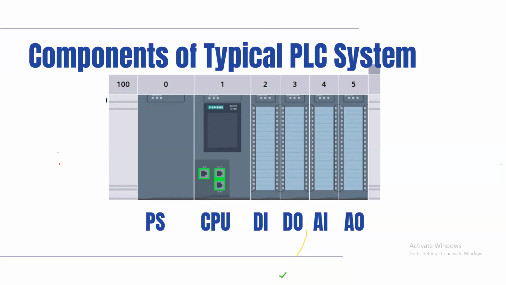So the PLC needs cards that it uses to receive signals from the field and to send signals back to the field. These are the typical components that you find. There are also communication modules, motion control modules, and weight checking modules. I don't want to go into that because it would make it a bit too complex.